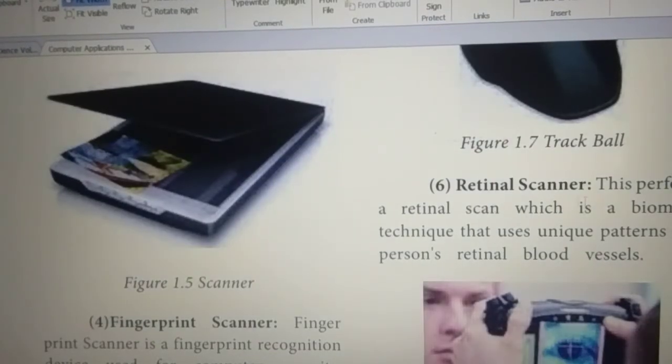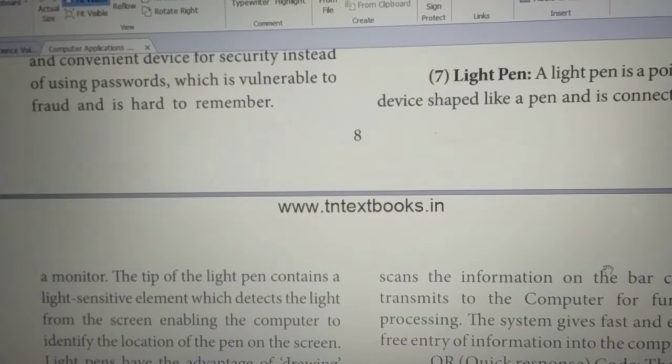Retinal scanner. This is a biometric technique that uses the unique patterns of a person's blood vessels. Light pen.